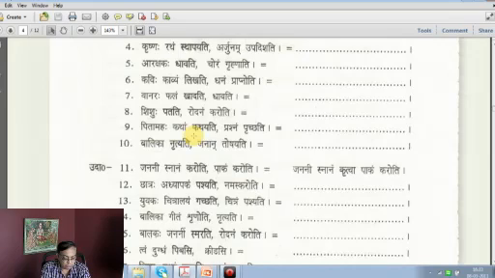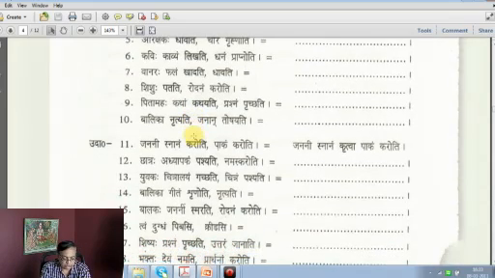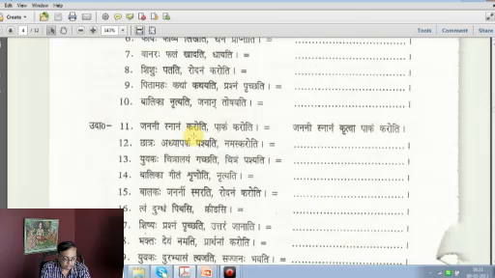Balika nartitva janan toshayati. Janani snanam krutva pakam karoti.